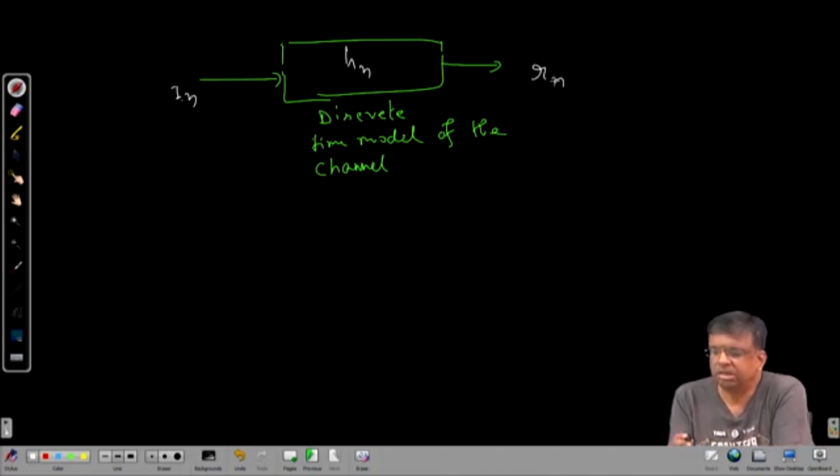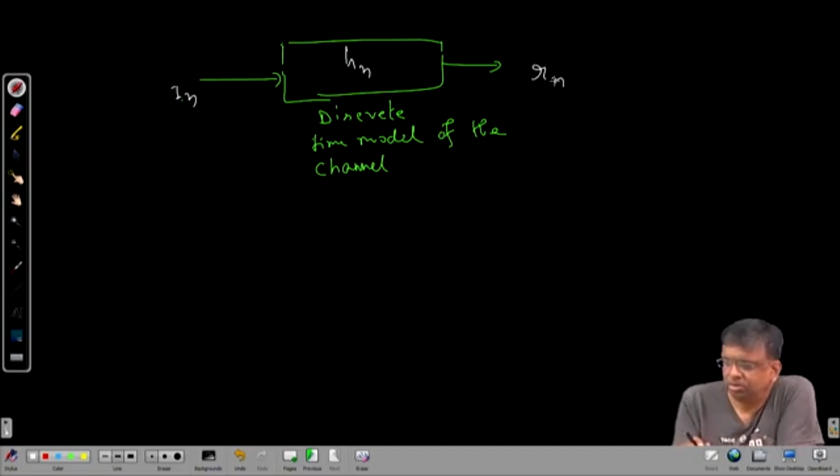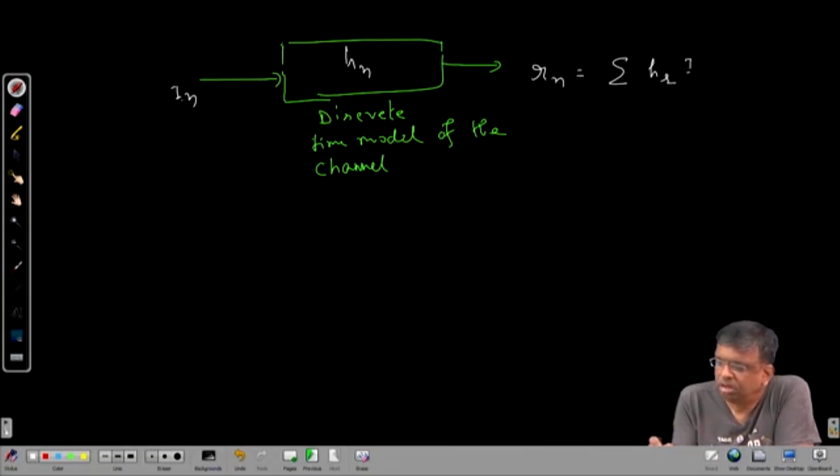Rn is the received sample, sampled at the time capital T plus n tau. That sample is called Rn, that we have seen in the previous diagram, and that is coming out to be this, the sum of Hr I n minus r. There is a convolution with In.